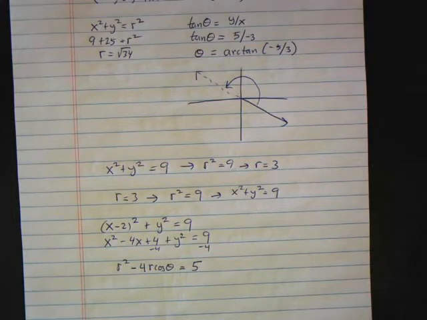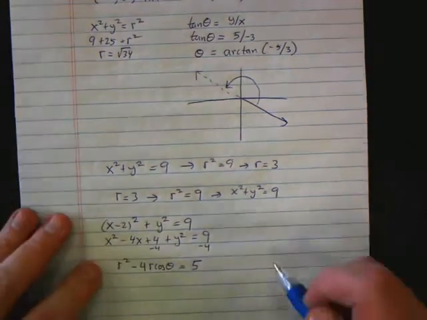Can you do this with ellipses? Yes, it's just harder. Unfortunately, we don't cover that section. If you're interested in learning more, go to section 10.6, called Polar Equations and Conics. It shows you how to write ellipses, hyperbolas, all those things in polar form. They turn out to come out pretty easy.